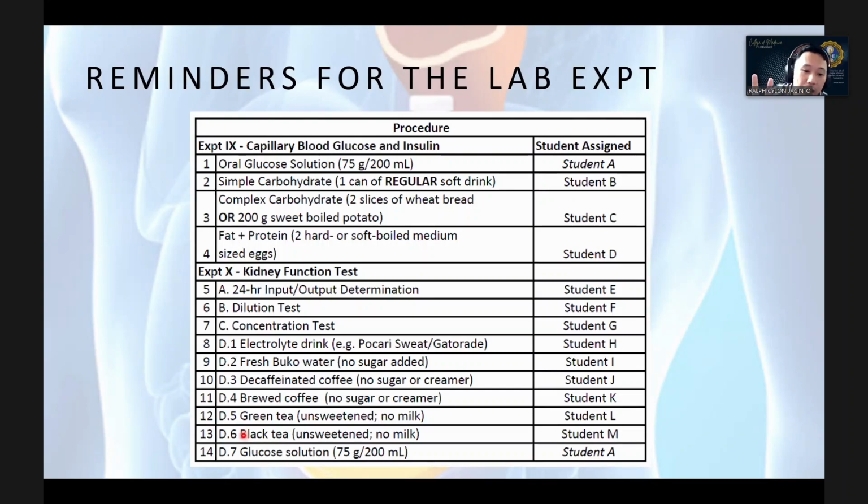Again, this is for the group that has less than 13 members. Kindly omit decaf coffee and keep the brewed coffee. So, for those who have fewer than 13 members, you can omit this one and choose either green tea or black tea.